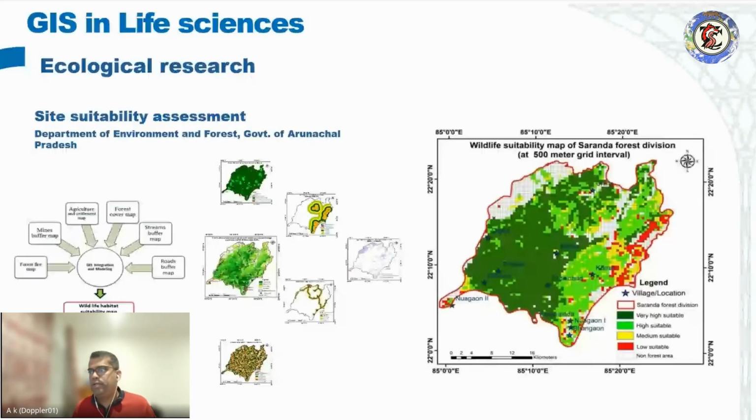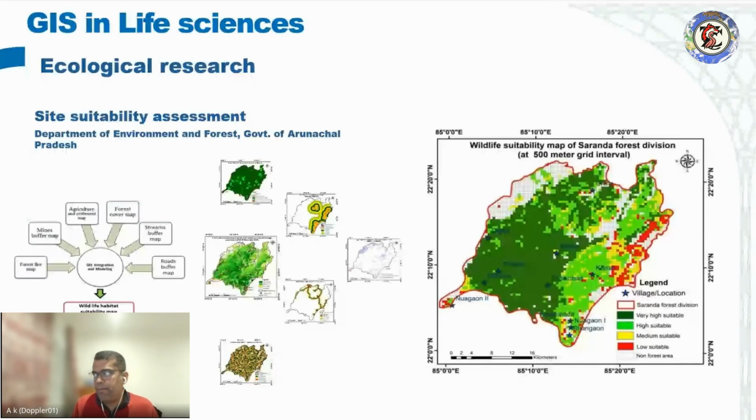And how did they do it? They used a lot of different information, as you can see: forest fire map, mines, because there are a lot of mines in that particular area, Jharkhand and other places. Then they used land features like human encroachment, roads, forests, and put that into a system, which is basically a GIS, and ran some analysis on top of it.